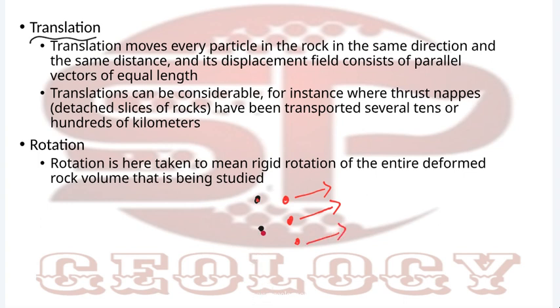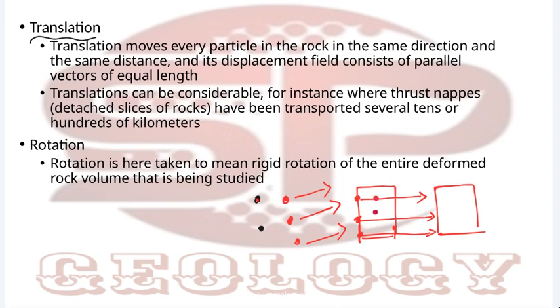Same direction, same amount, so the particles move. That will be translation. Suppose there is an object and it moves to another place. For each particle you consider, all particles are moving in the same direction.